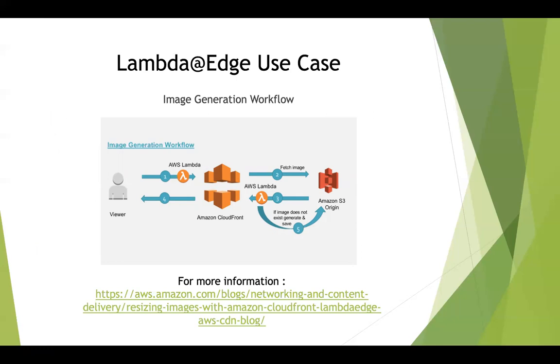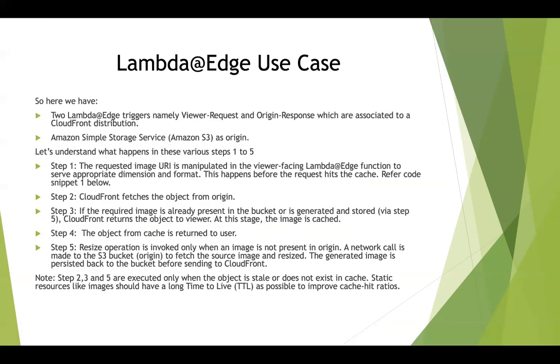And when it comes from a mobile, you go forward with the smaller dimension, which is 100 into 100 for the image. That is step one. That's where you run a Lambda function to decipher from which device he is accessing your application. And at step two, CloudFront fetches the object from the origin.